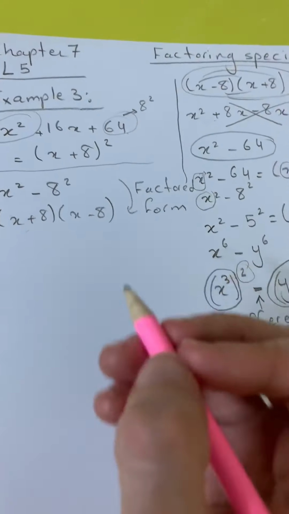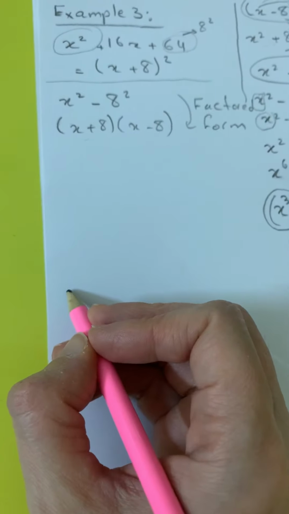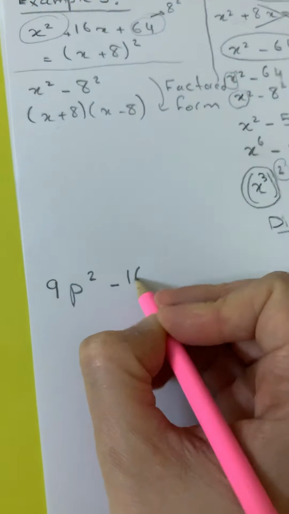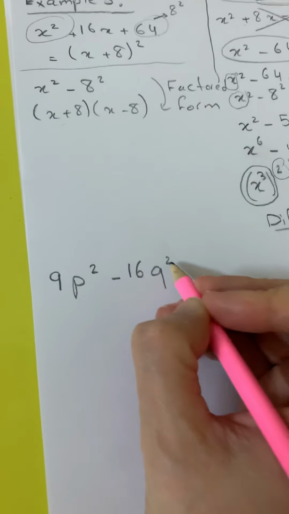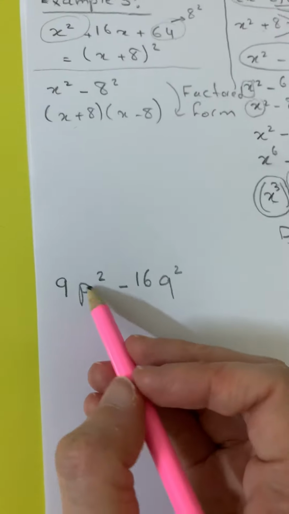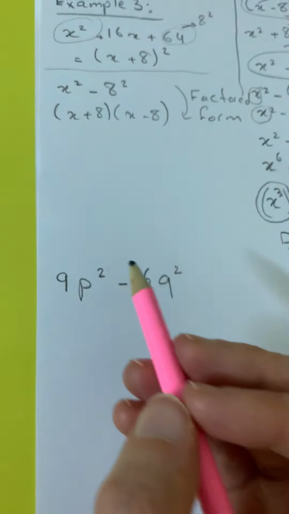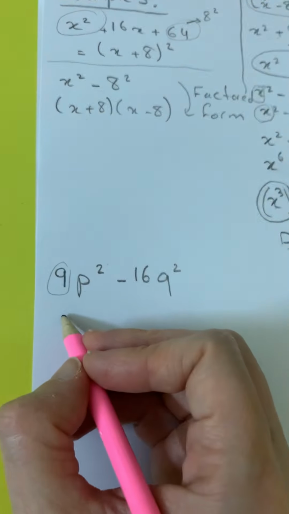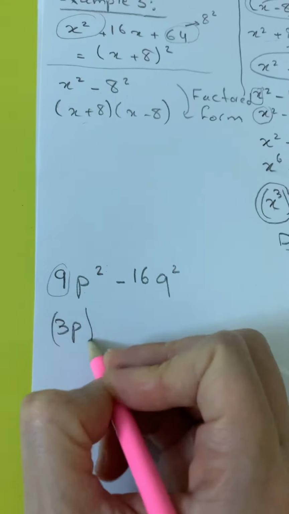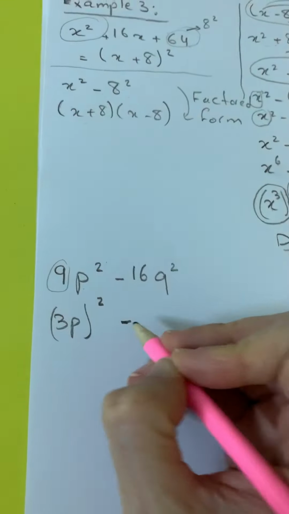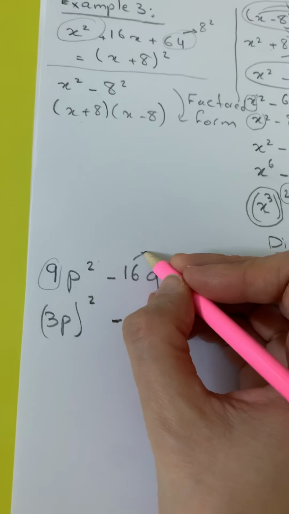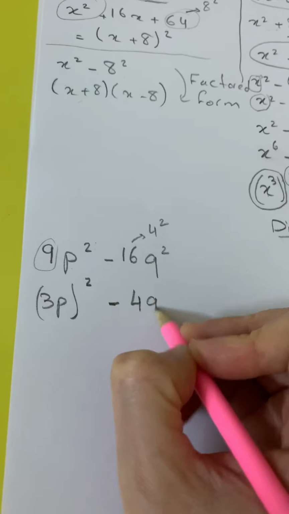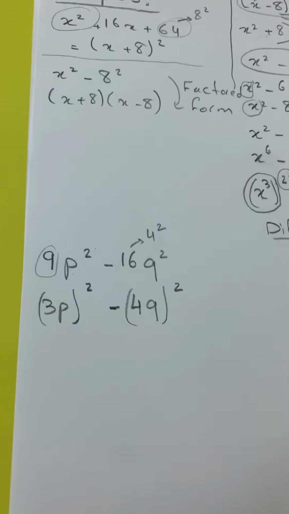Let's try something harder. What if they ask you about 9p power 2 minus 16q power 2? Now p power 2 is already power 2, it's easy. Now this one, 9 is 3 power 2, so (3p) power 2 minus, here the 16 is 4 power 2, so write it as (4q) power 2.